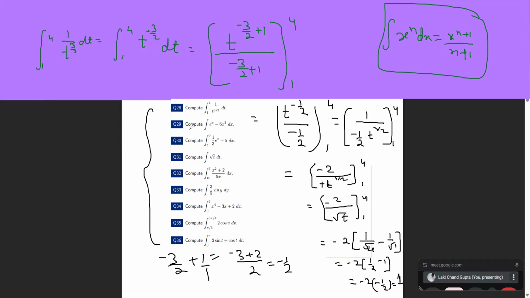So if we do problem 30, E raised to x. It's very simple. What is the integration of e raised to x? Itself, e raised to x, right? Yes.